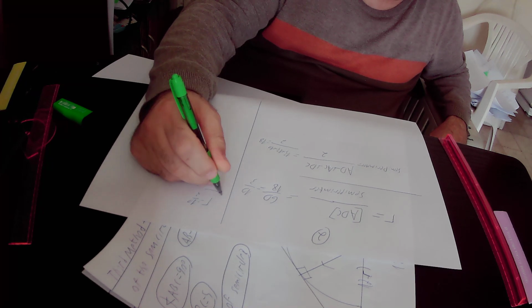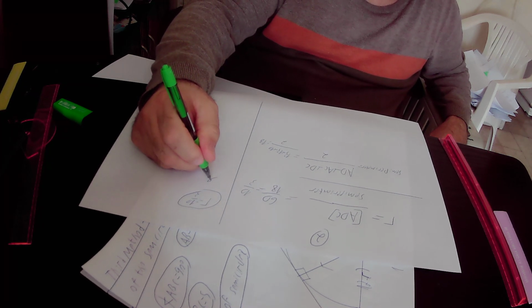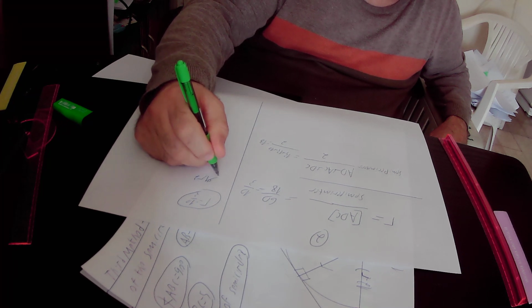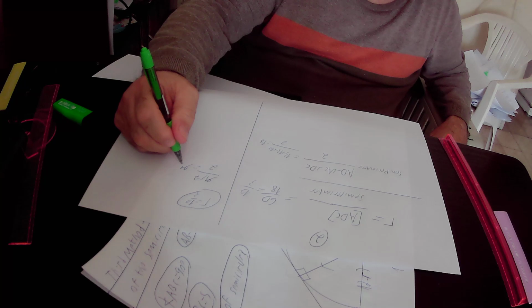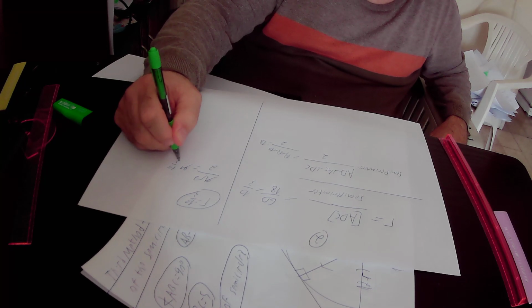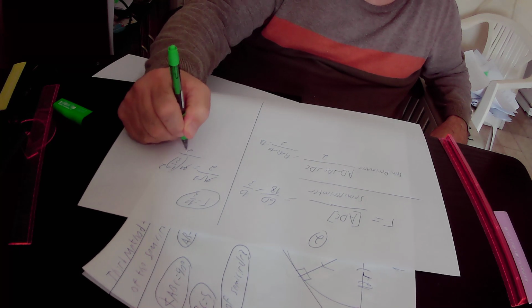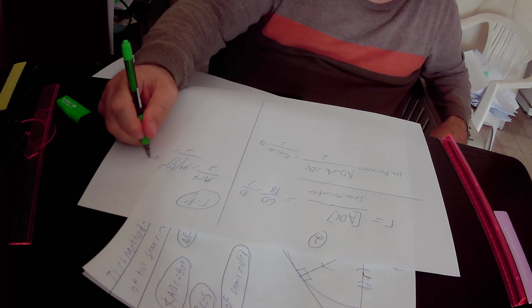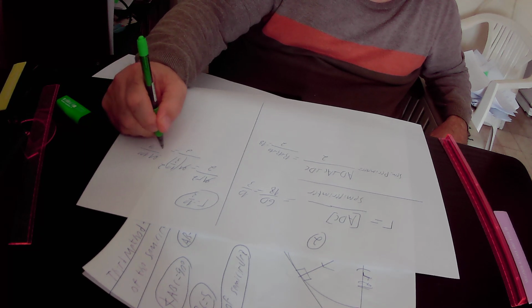over 3 units, and the area of the semicircle is equal to pi r square over 2. That is to say, pi times r square, where r is 10 over 3, over 2. So it is pi times 10 over 3 squared, which is 100 over 9, all divided by 2.